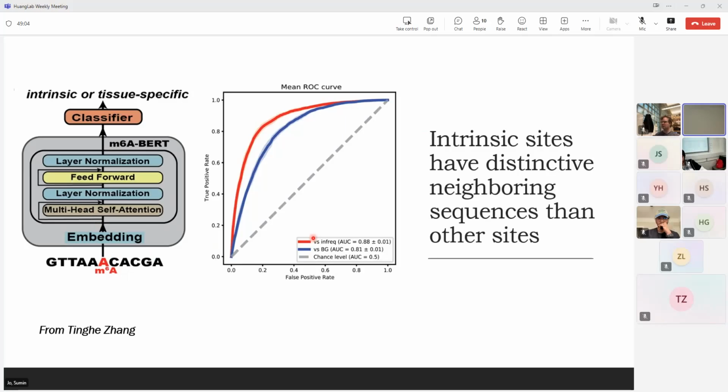What we see here is that, in general, they were able to classify the intrinsic M6A sequence from the infrequent sites with this performance. Also, the intrinsic site sequence was able to be classified compared to the background sequence. So what we can infer from this data is that intrinsic sites have a distinctive neighboring sequence compared to the infrequent or background sequences.